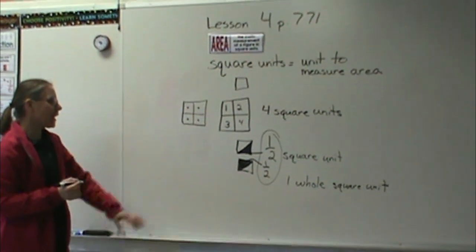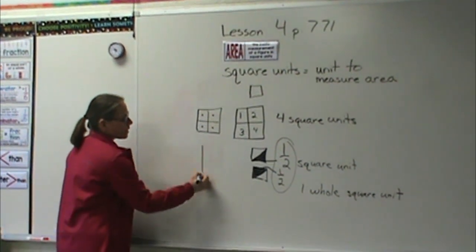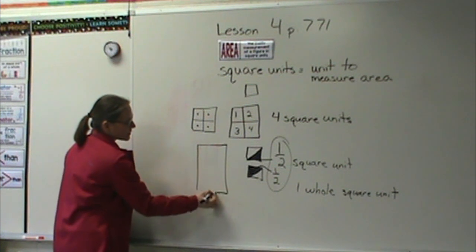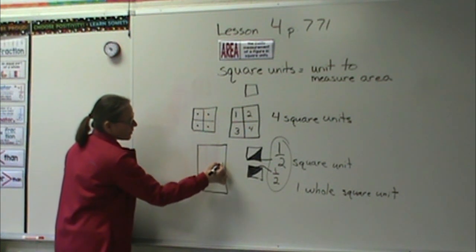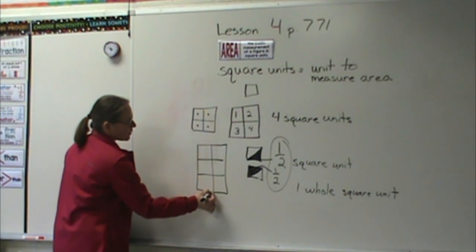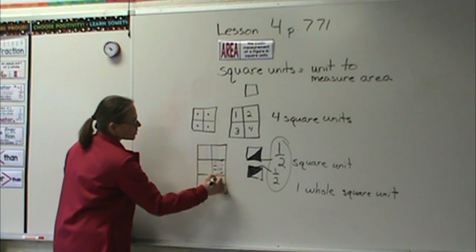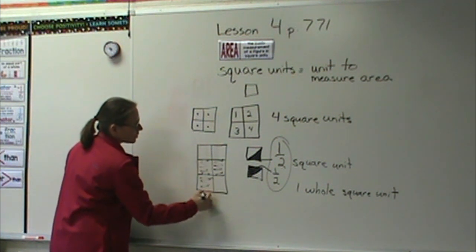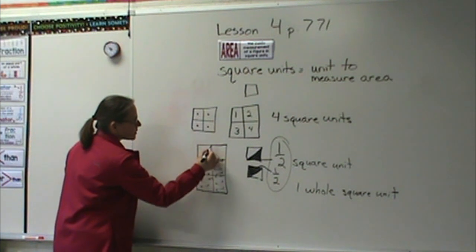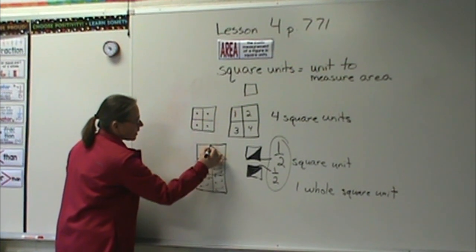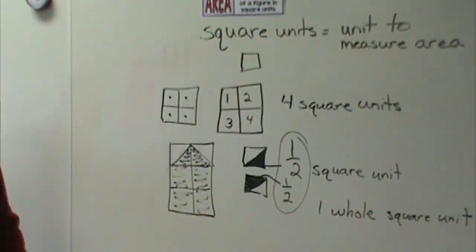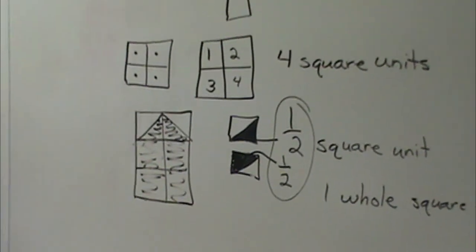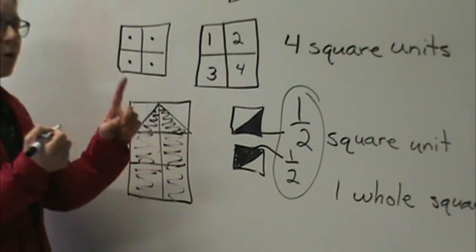So let's talk about that in terms of a figure. Say for example, I have a figure that looks like this. And these are shaded. I'm going to shade them lightly so you can see. And just half of this is shaded, and just half of this is shaded. Now let's find the area of this figure by counting the wholes first.